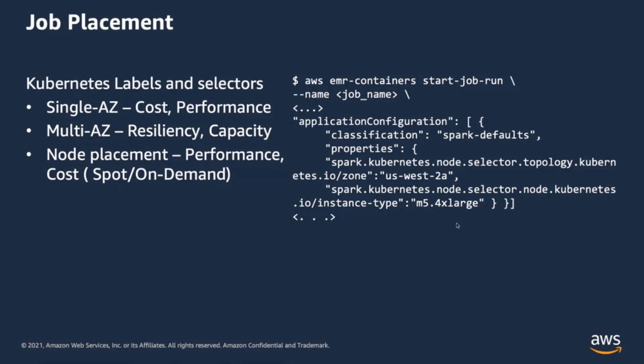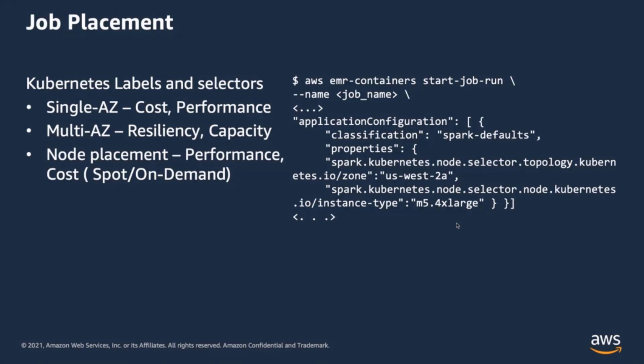Some of the reasons could be performance, because the data transfer is much faster within an availability zone, and also you might want to avoid the data transfer cost you incur when the pods corresponding to a single Spark application are distributed across multiple availability zones. You can do that by leveraging the Spark on Kubernetes node selector configuration.